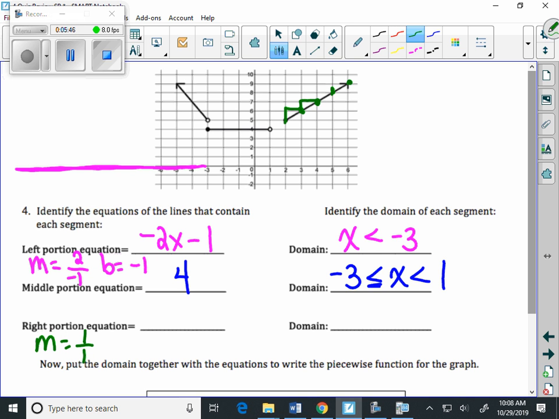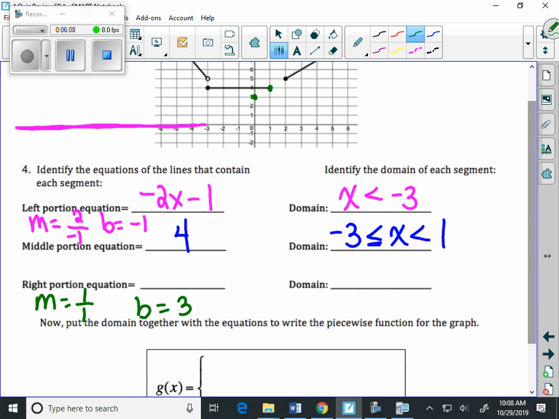So either lightly with your pencil or whatever works, we're going to go down 1 to the left 1, down 1 to the left 1. We don't have to go very far. If we kept drawing this line, we would see that our y-intercept is at 3. So what we have here for our right portion is 1x plus 3.